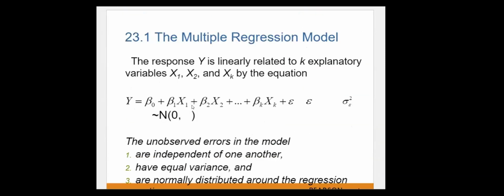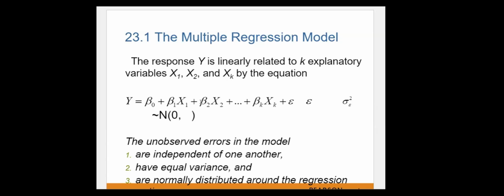You remember that in a simple regression model, when you calculated your slope and intercept, you would have y hat equals beta 0 plus beta 1 x1. That would be for simple regression. In multiple regression, you have more factors involved, right?